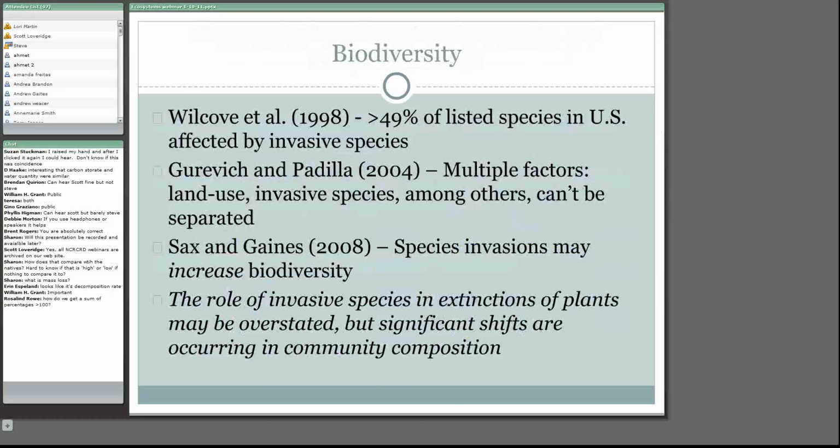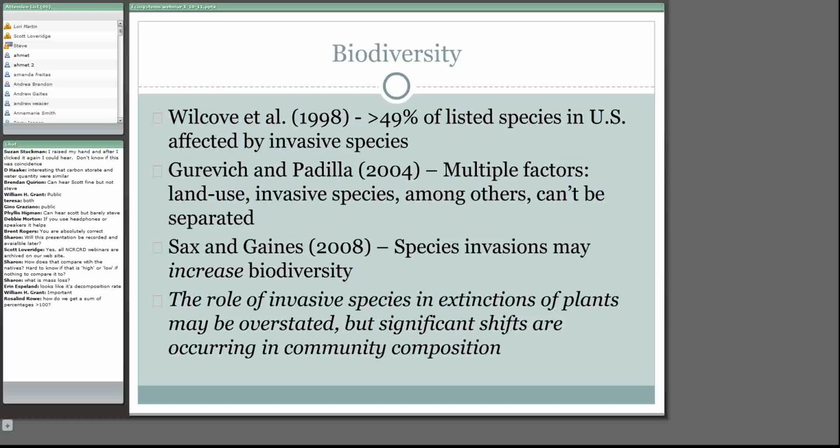If we look at some of the work that's been done in this area, almost 50% of listed species in the U.S. are affected by invasive species, and multiple factors, including land use and invasive species, cannot always be separated.